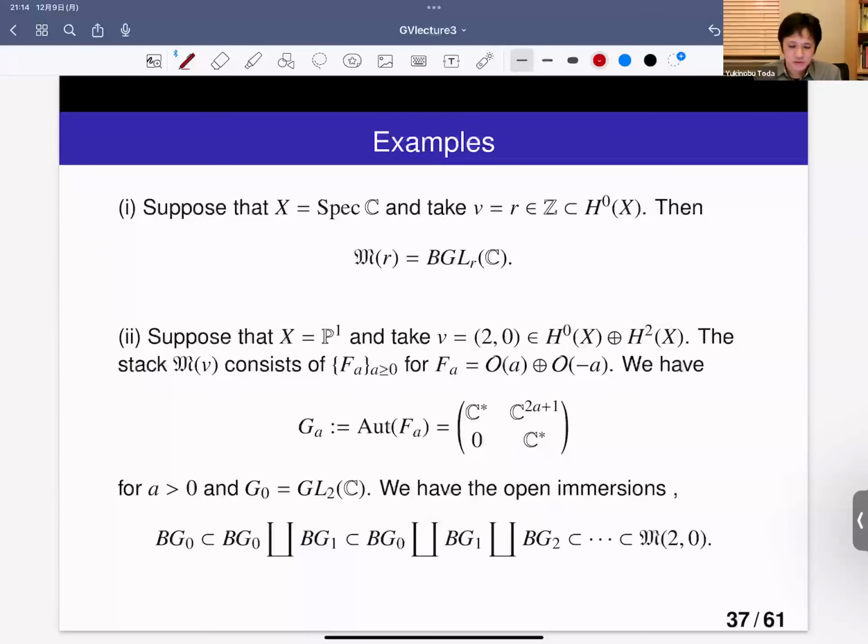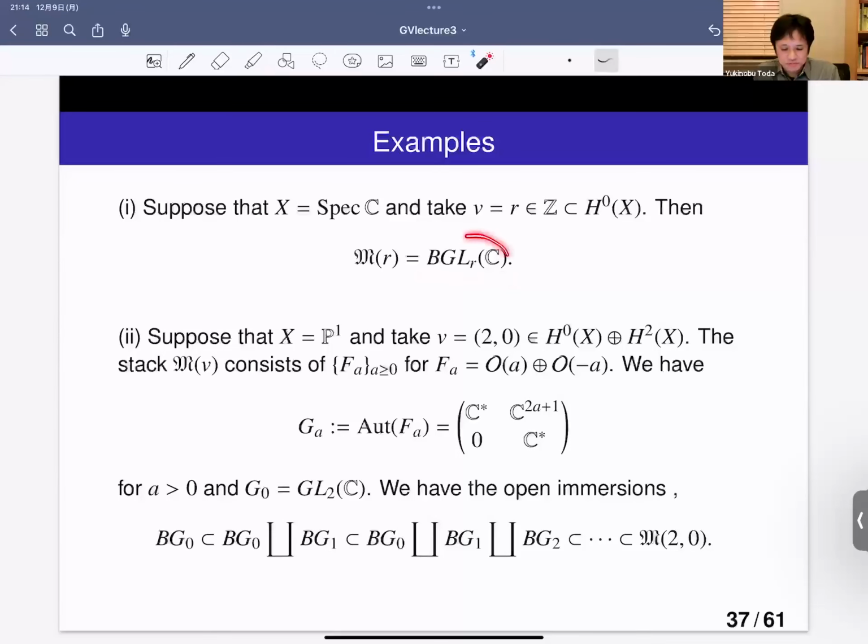So suppose that X is just a point, and take v in Z. Then the moduli stack of this numerical class is nothing but BGL_r(C).